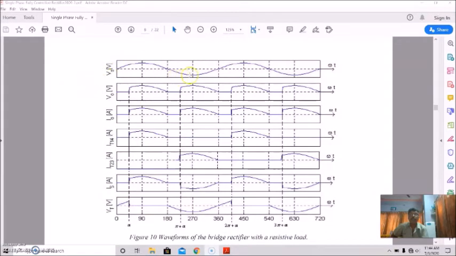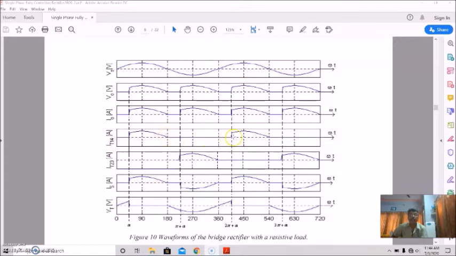This is the source voltage waveform. This is the output voltage waveform. This is the output current waveform, like this. Clear? This is for the positive half, through conduction of thyristors 1 and 4.